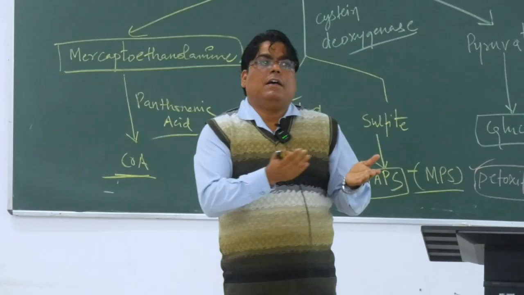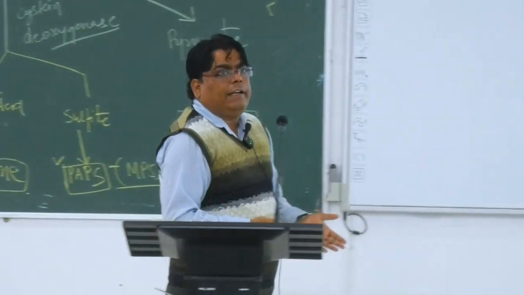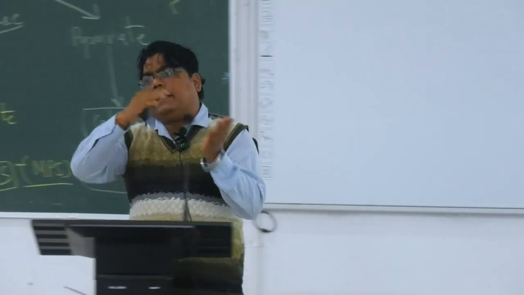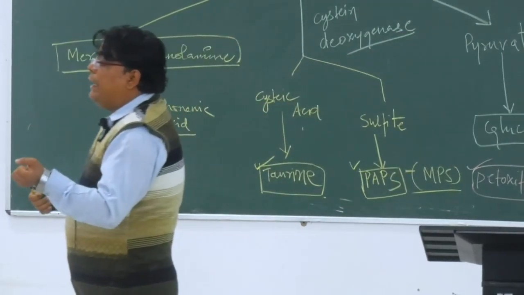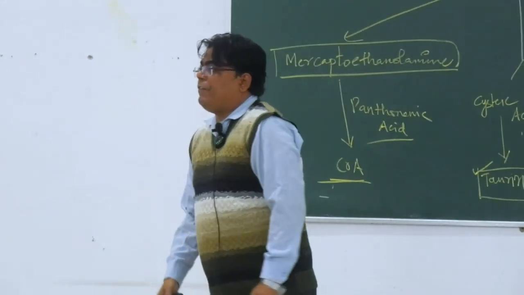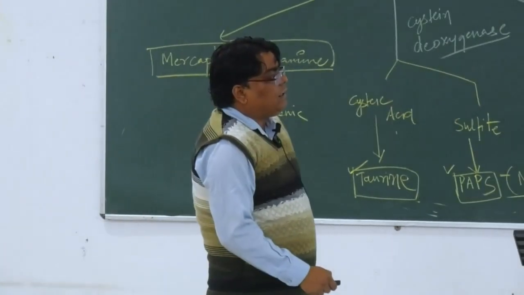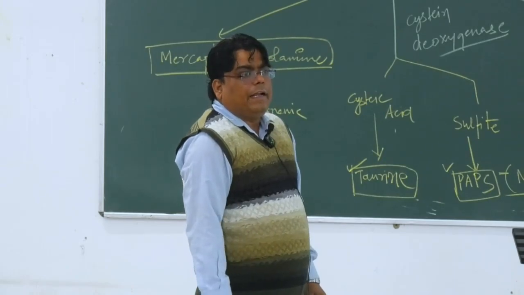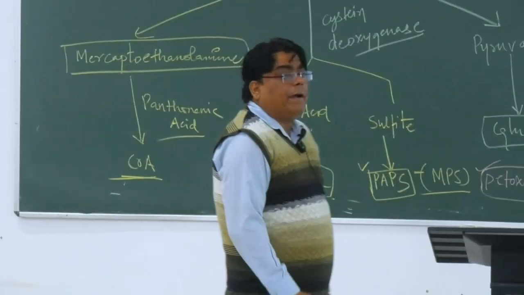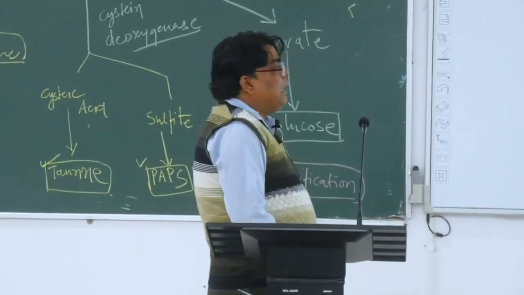Maximum quantity is reabsorbed. If it is not reabsorbed, then directly it is excreted in the urine. But the question is why it is excreted? So the first reason is that it is not reabsorbed. Which amino acids are not reabsorbed?